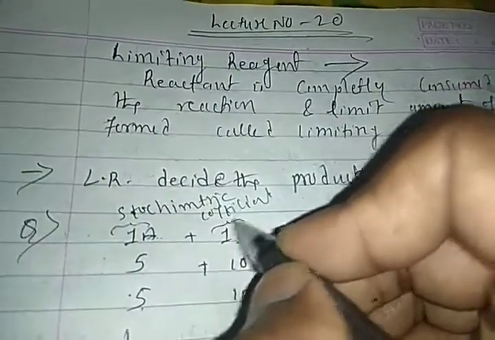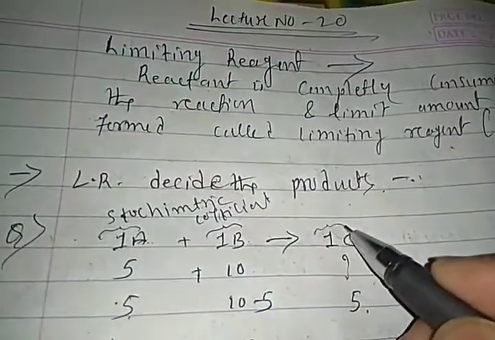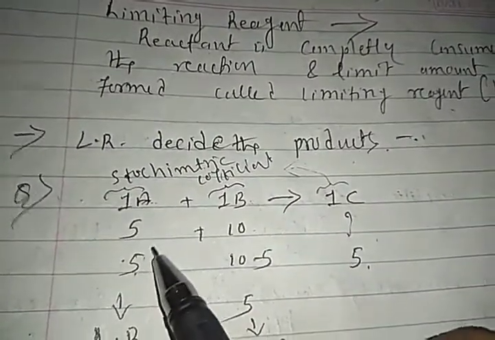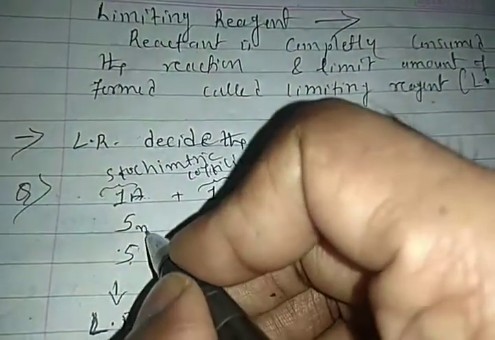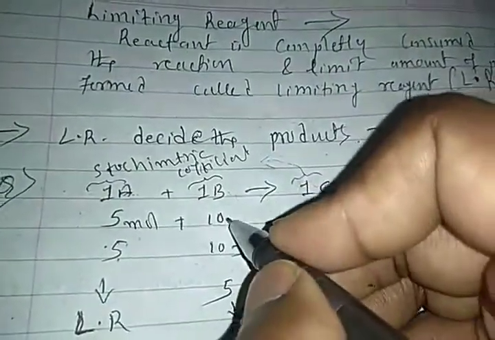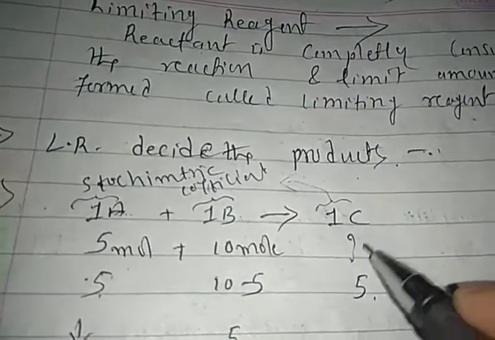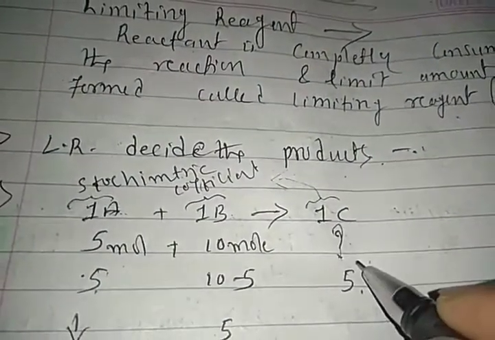This is also a stoichiometric coefficient, and this is also a stoichiometric coefficient. These are all stoichiometric coefficients, and here I am using 5 moles and this is 10 moles. And what is the amount of product?